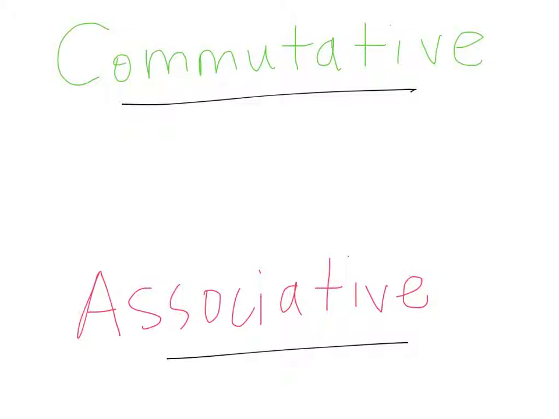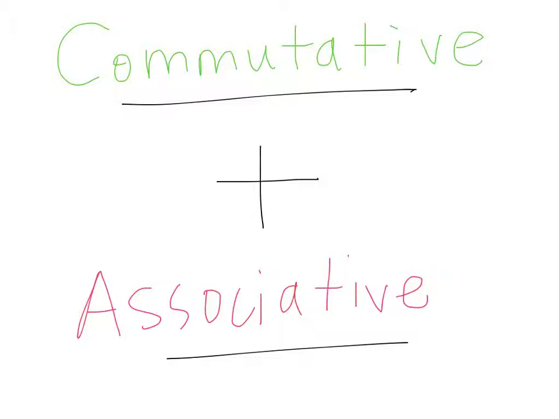Remember this one, the commutative property states that we can add 2 or more numbers in any order and get the same sum. And the associative property says that we can group add-ins, those are the numbers that you're adding together, we can group add-ins in different ways and still get the same sum. All right? We used commutative and associative property of addition to make our addition problems easier.